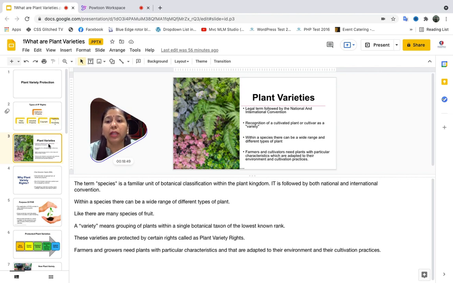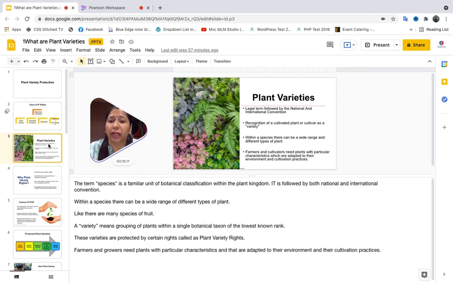But when I say I have different varieties of a particular fruit, that means I have a different grouping, a different genre of that particular fruit. Let's say I have different varieties of mangoes, different varieties of apples. So, a variety is basically a grouping of plants within a single botanical taxon.